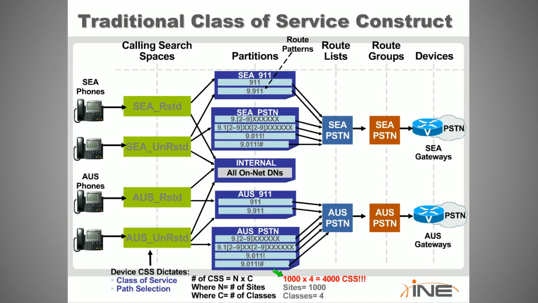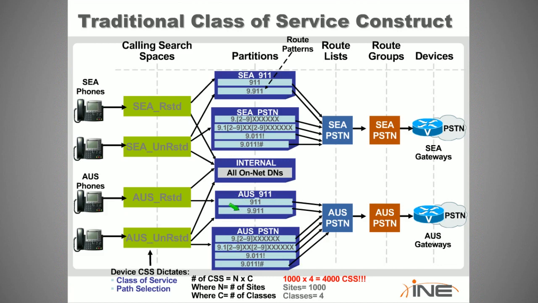But let's just say, for the sake of example and understanding the magnitude, that we have 1,000 sites and 4 class of restrictions, which is pretty common. If n times c, so number of sites is 1,000 times 4, that's 4,000 calling search spaces we have to configure, 4,000 partitions, and for every type of route pattern, we have to configure 1,000 of those types of route patterns.